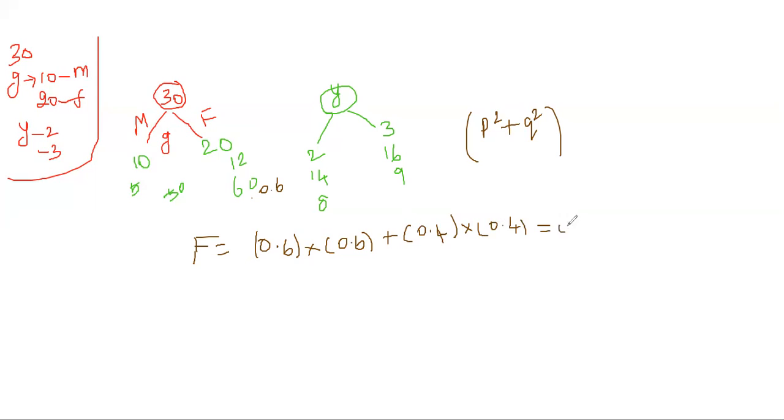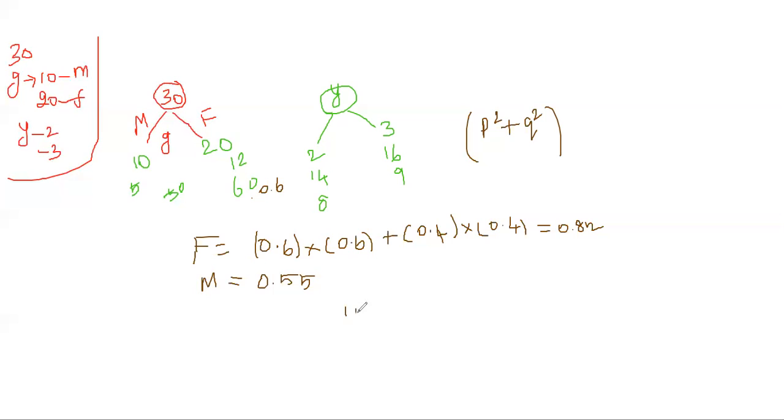Approximately our result is 0.52. For male, using the same method, approximately our result is 0.5. Now we calculate the Gini for the gender split using both male and female.